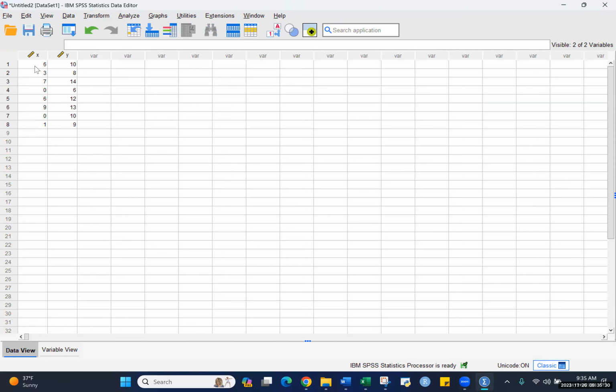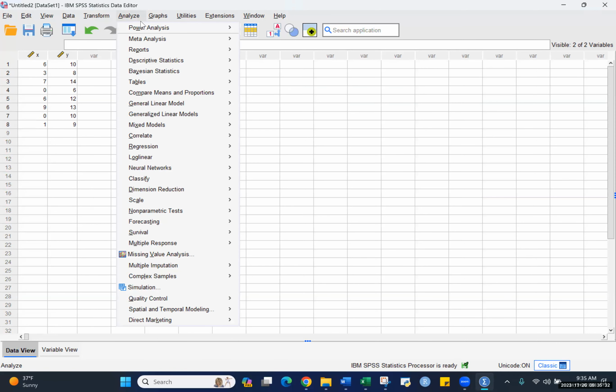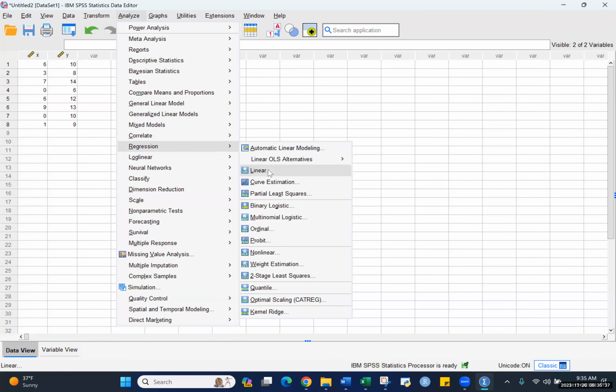Okay, so there's my data. Now, if I want to fit a linear regression in SPSS, I go to Analyze, Regression, Linear.